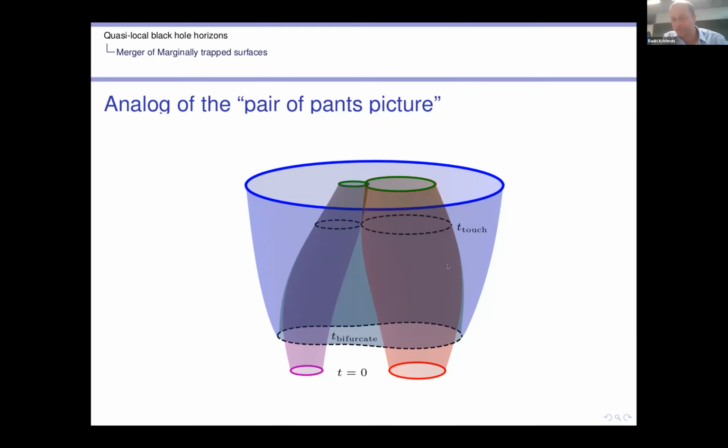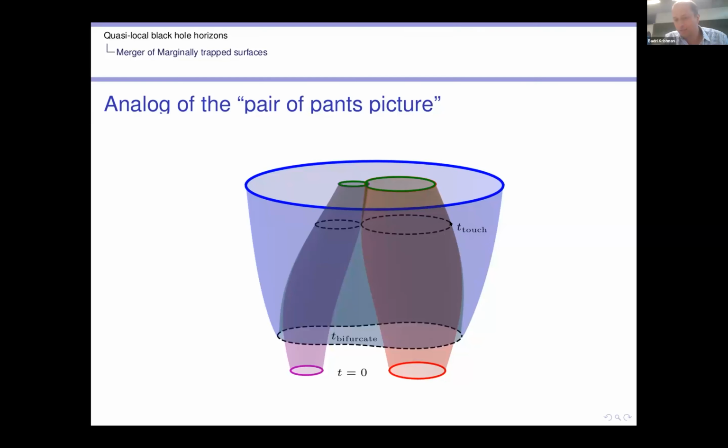And along that surface, you expect that the area should behave in the following way. As I go backwards in time on the green one, the area will increase because the green one has decreasing area as it goes forward in time, with an important caveat that I'll mention in detail in a minute. But at least for most of its existence, the green one is decreasing in area as I go future in time.